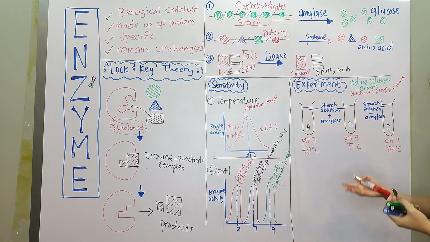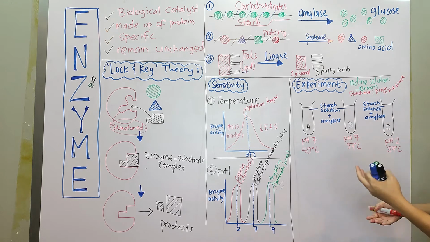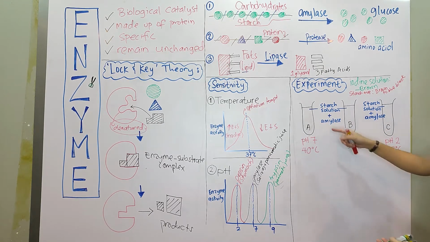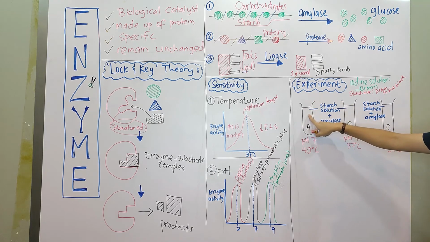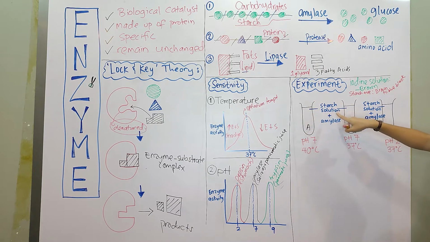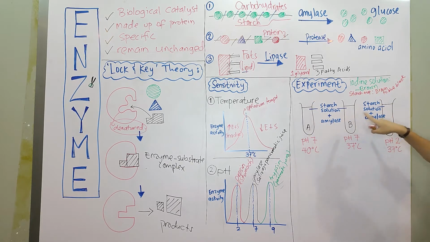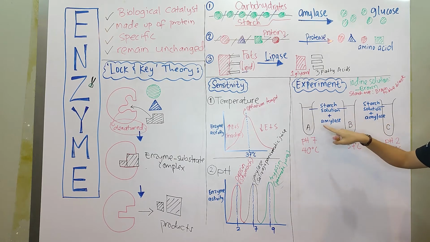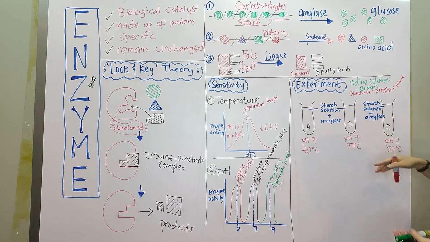Then after 3 minutes, a sample from this solution will be taken, or iodine solution will be added to each test tube. So you need to investigate what happened to these 3 test tubes.